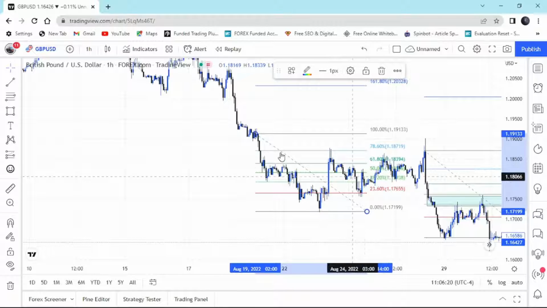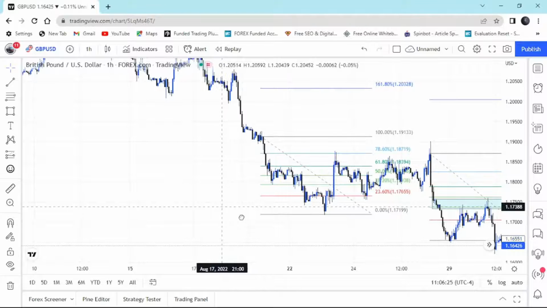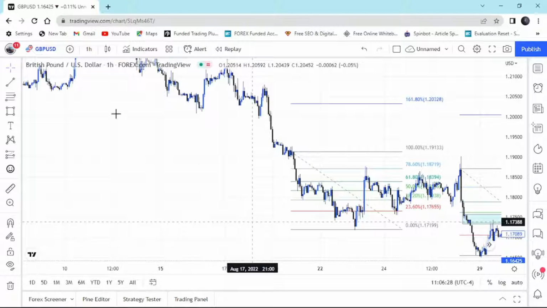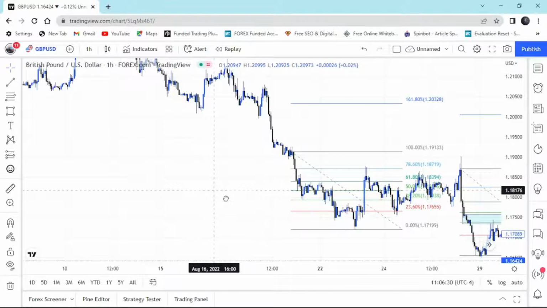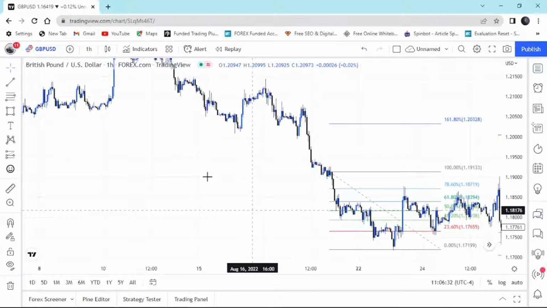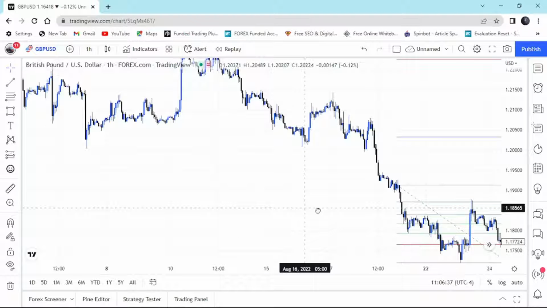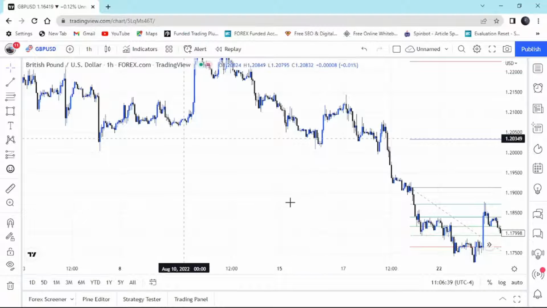And so that's how to use the Fibonacci when it has to do with a downward trend. You do it in reverse for an upward trend. You measure from the bottom to the top, and then you wait for the point of reversal for you to execute the position.